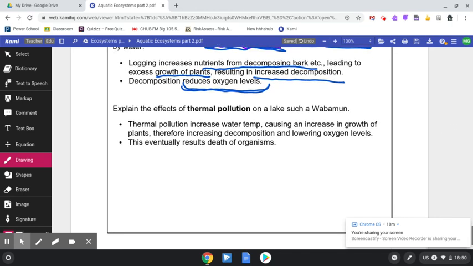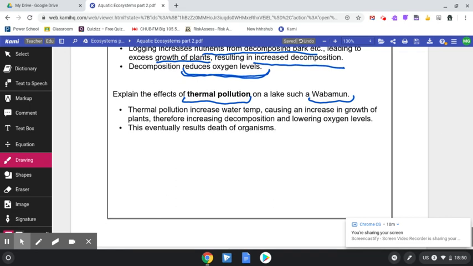Here's an example of thermal pollution that we mentioned earlier. Lake Wabamun has an electricity producing plant, where it's really warm and people swim in it. But unfortunately, with this increased water temperature, there's an increased growth of plants, lots of seaweed, lots of plants there.